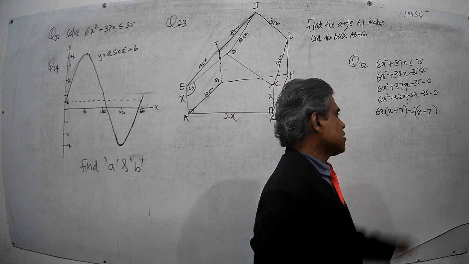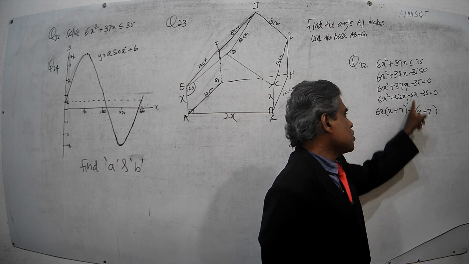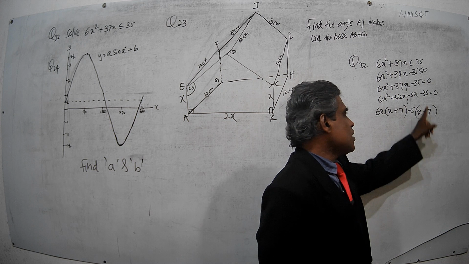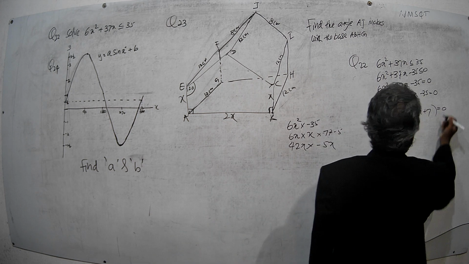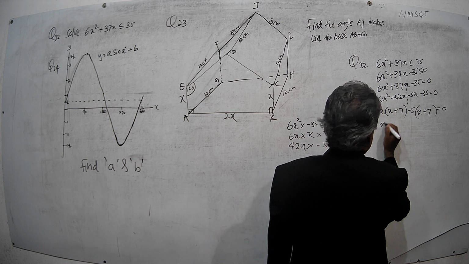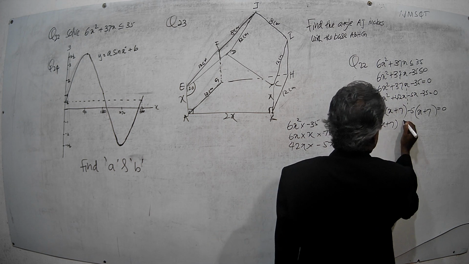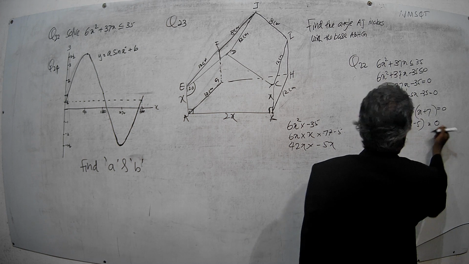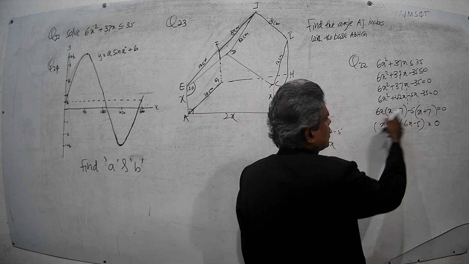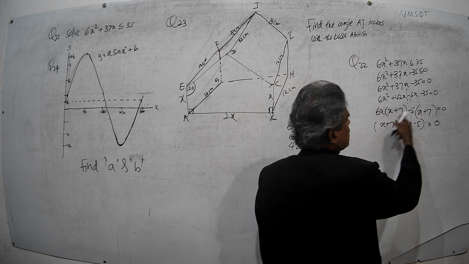Remove the bracket, now you get minus 5 times x is minus 5x, minus 5 times 7 is minus 35, equals 0. Then the factors are x plus 7 and 6x minus 5. 6x minus 5 outside, x plus 7 inside.